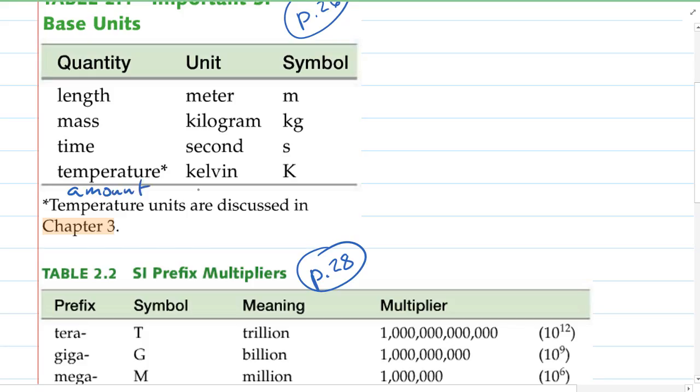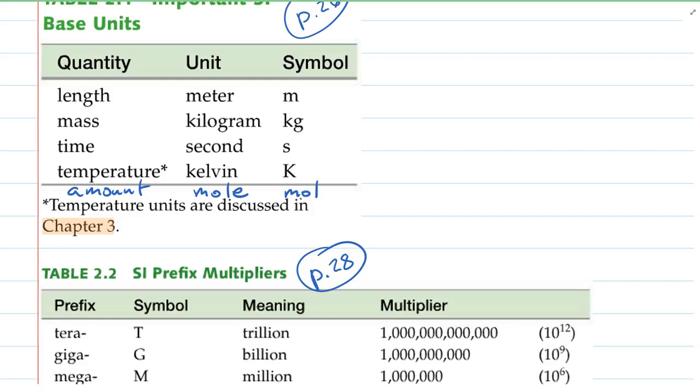Amount is measured in units called the mole, abbreviated mol. If you haven't had any chemistry before, the mole is going to be something new to you. It's not the furry little critters that dig up underneath the dirt. The mole is kind of the chemist's unit. But we'll talk about this more.